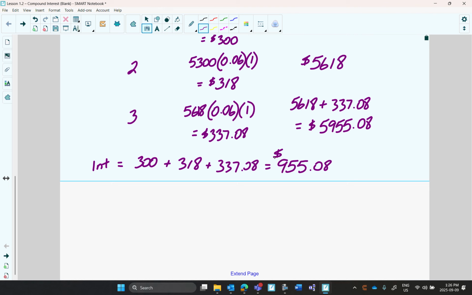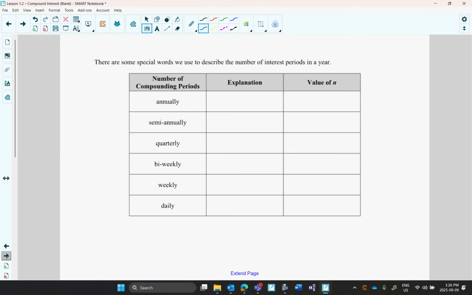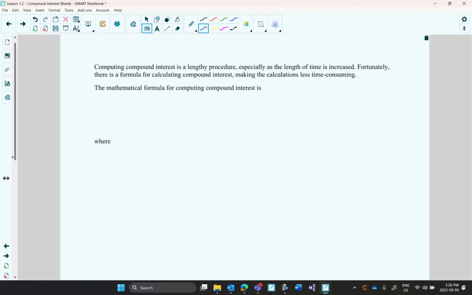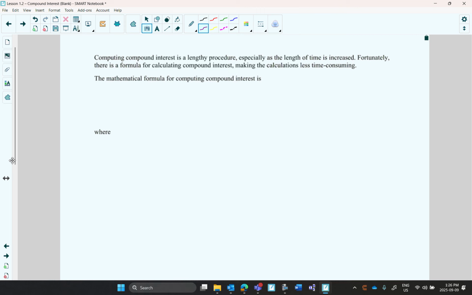Fortunately, we don't have to do a big table like this. There's a formula. Okay. And this is a formula that you will always get and you can always refer to, so you don't have to remember it.